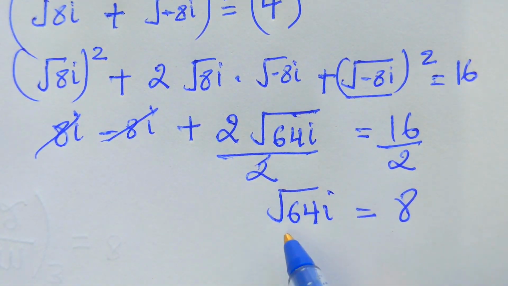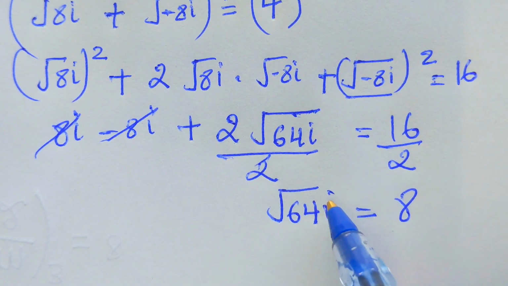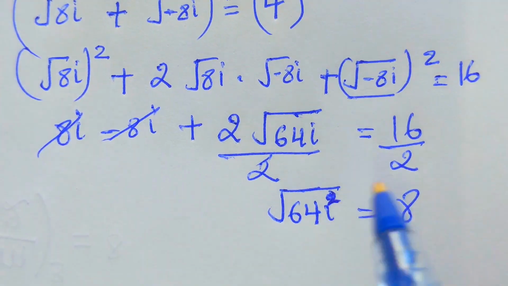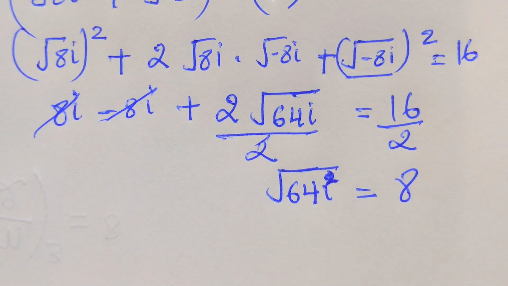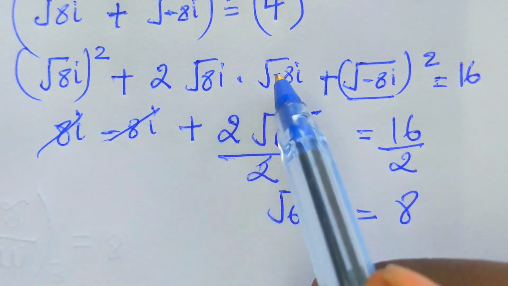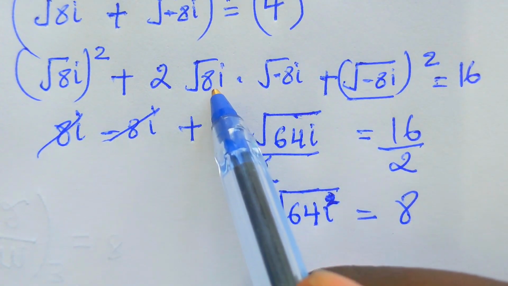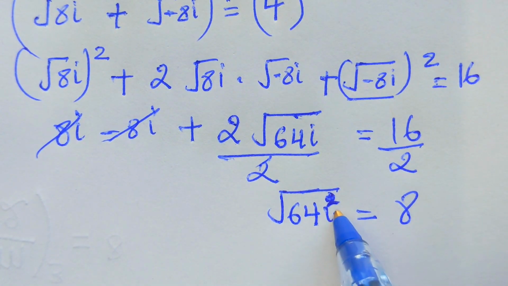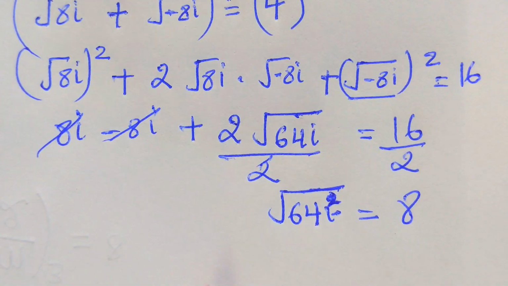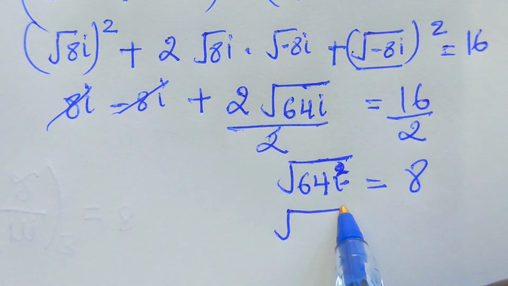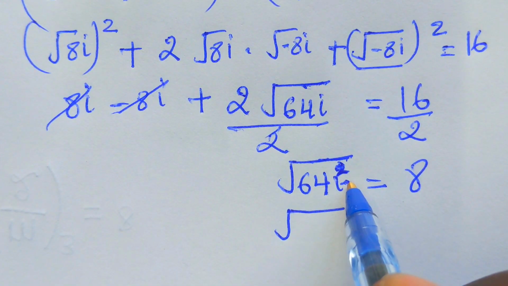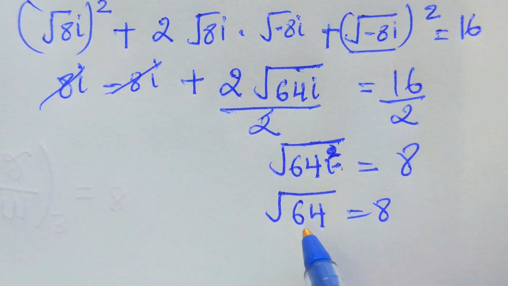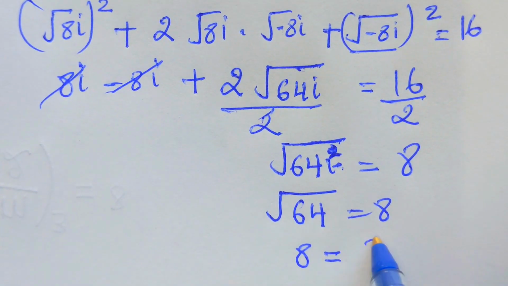Then of course here, because here I've given i squared, and then of course here we have negative i times i, to mean that we have i squared, which is negative 1, negative 1 times negative i squared is equal to 1, and this will be 64, which is equal to 8. Then of course square root of 64 is equal to 8, which is equal to 8.